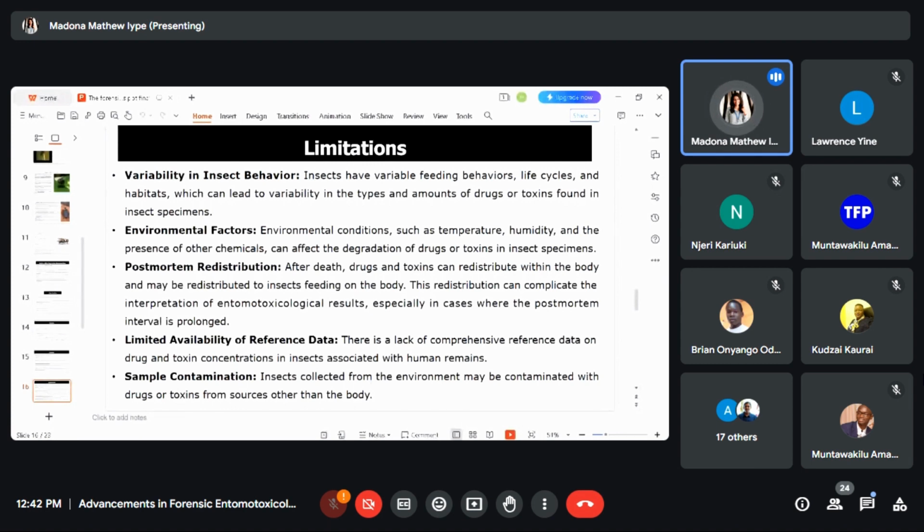Then sample contamination can also be a limitation, because insects collected from the environment may be contaminated with drugs or toxins from sources other than the body, as we discussed regarding a dead body found in water or in drowning cases.